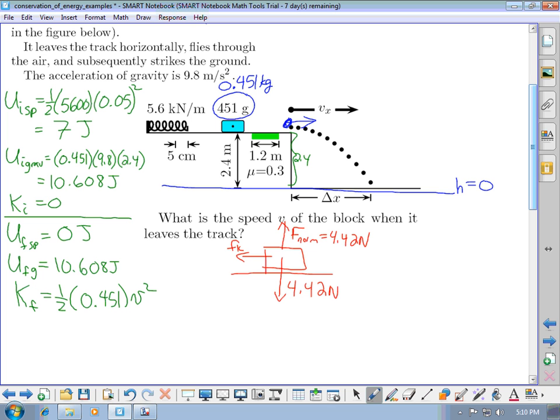And I can calculate the force of kinetic friction. The force of kinetic friction will be the coefficient of kinetic friction times the normal force. So that's the 0.3 that's given in the problem for the coefficient of friction times 4.42. Which is 1.326 newtons.